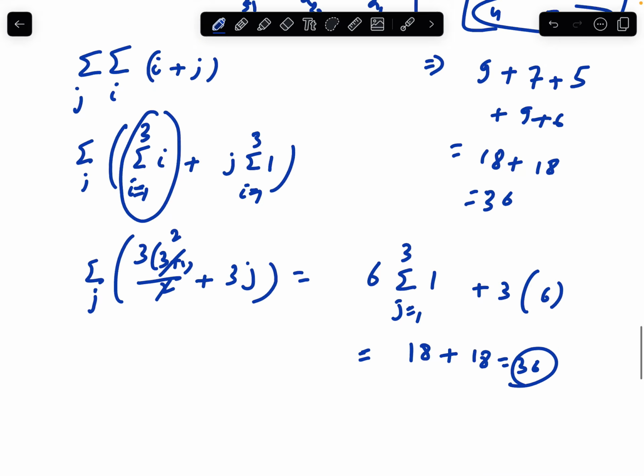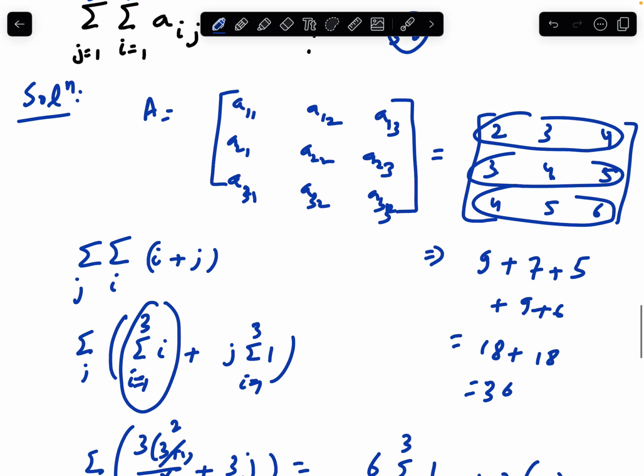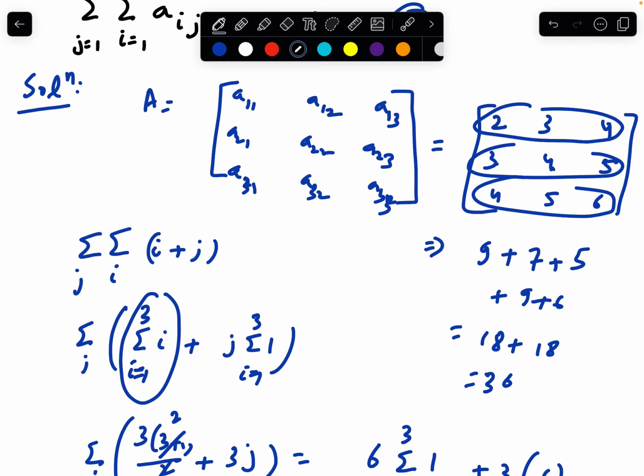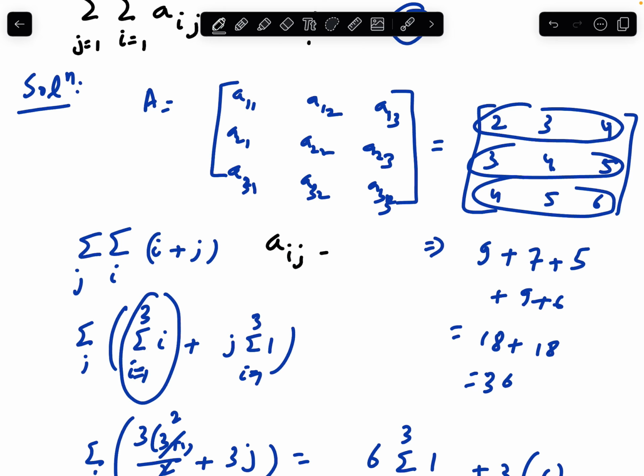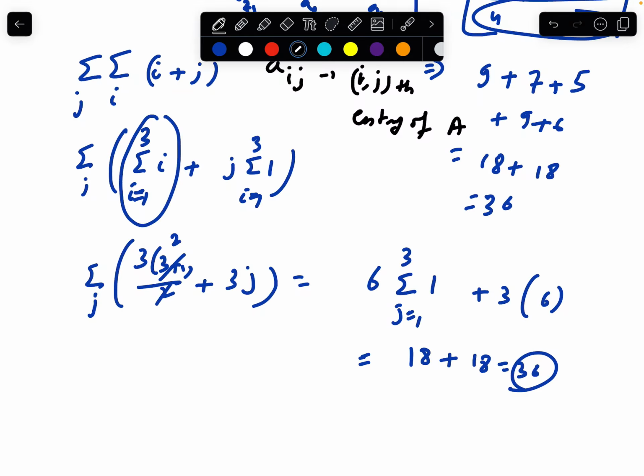Same thing, 36. Okay. And Aij is called the ijth entry of A.